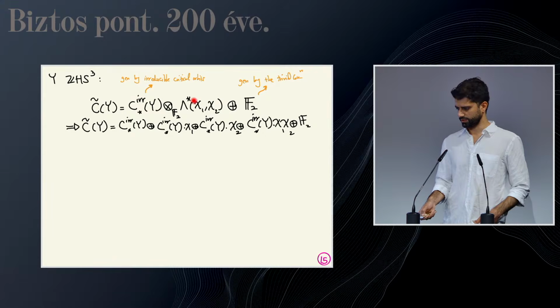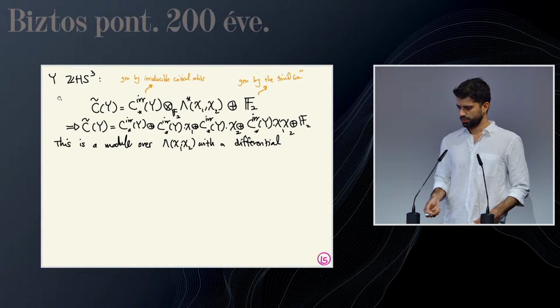More explicitly, on Y, each irreducible connection contributes 4 summands, and the trivial connection contributes 1 summand. And this is a module over this DG algebra of SO3, where the DG module structure is defined in the obvious way.